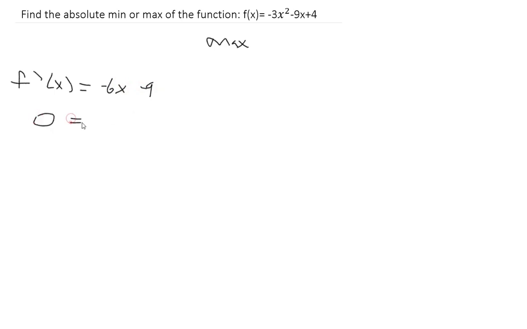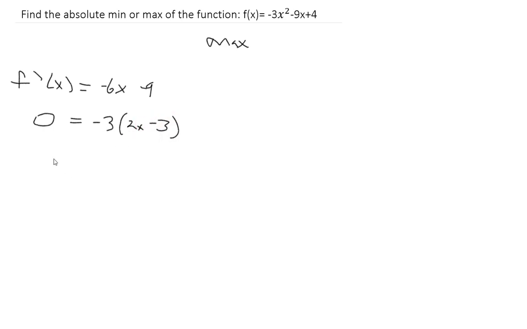Set it to 0. We can pull out a -3. And we're going to have 2x plus 3.